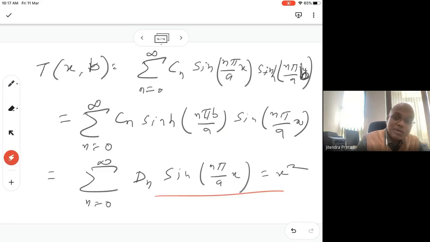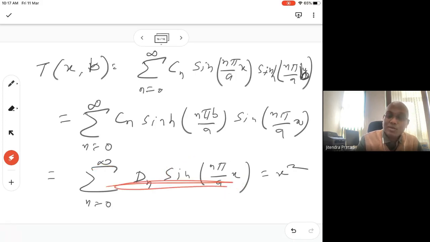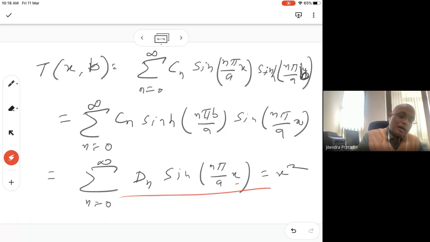Now, is it possible to do it? Now it's possible, because any function you can write as a Fourier series. So now how can we use this to find out dn?